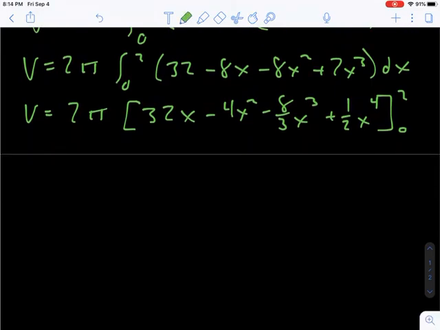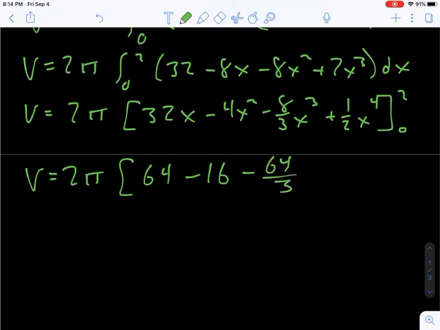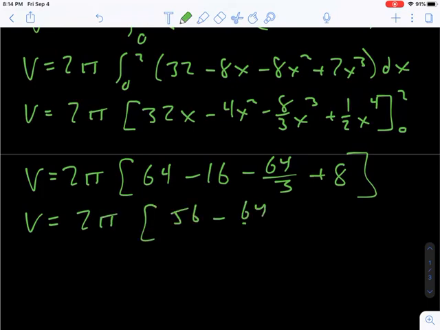And plugging 2 into all of this, we get 2 pi times 32 times 2 is 64. 2 squared is 4 times 8... minus 16, and 2 cubed is 8, so minus 64 thirds. And 2 to the fourth is 16 times 1/2 is 8. 64 minus 16 is 48, plus 8 is 56. So we have 2 pi times 56 minus 64 thirds.